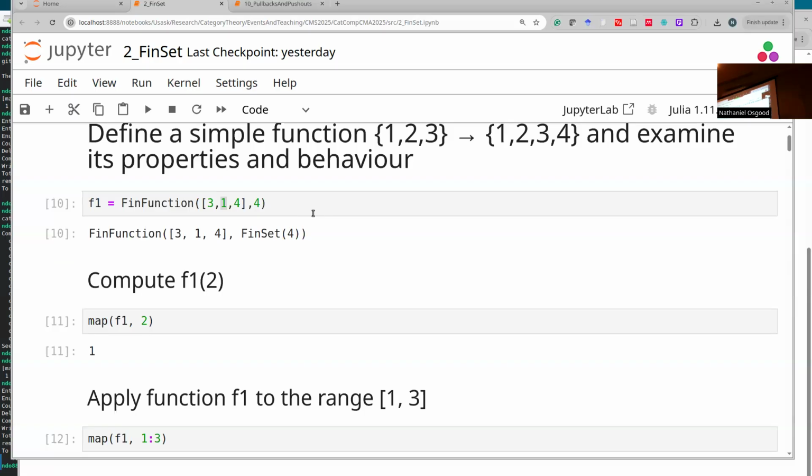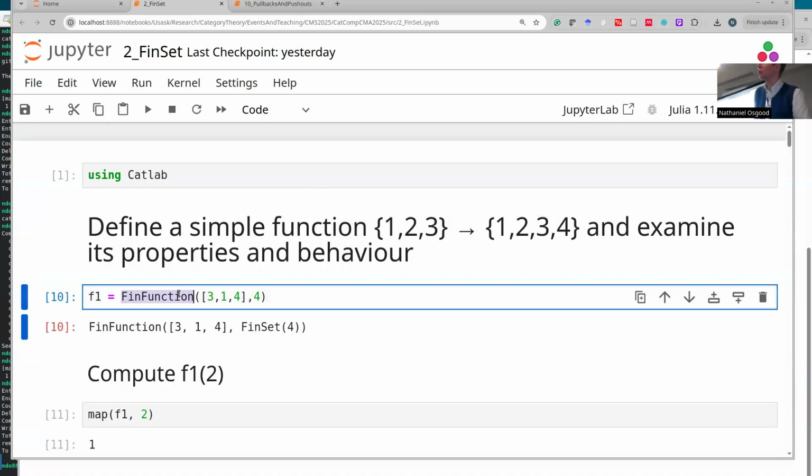We could have explicitly said we're working in FinSet. Here, in this particular case, we're using this word fin function, and that is actually referring to a morphism in FinSet. So it actually knows. Actually, I have to be careful about that. It actually applies to skeleton FinSet as well. FinSet is just a category where objects are finite sets and morphisms are functions between them.